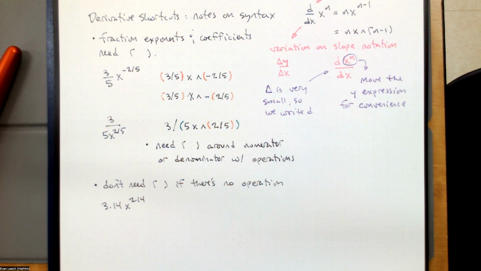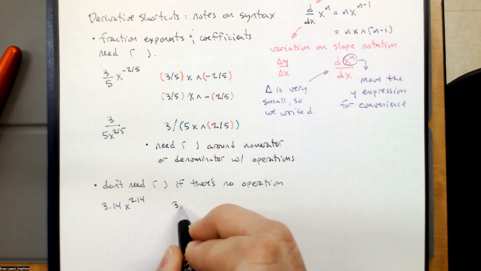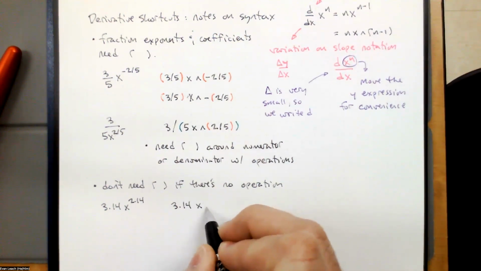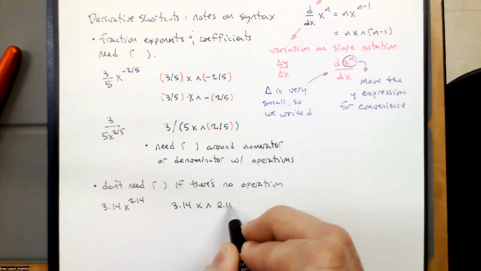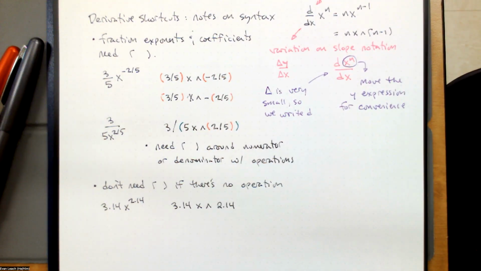There's no operation here, just a decimal point. So if we want to write this in single line syntax, 3.14, no operations here, no parentheses necessary, x to the 2.14. We didn't need parentheses, even though the 2.14 is a messy number, because it doesn't contain any operations.